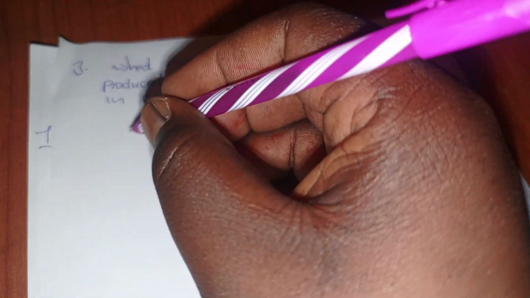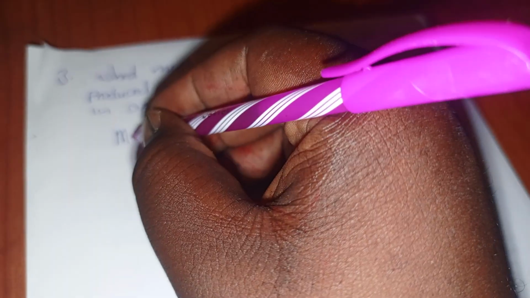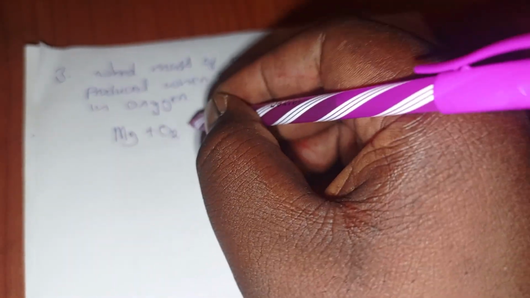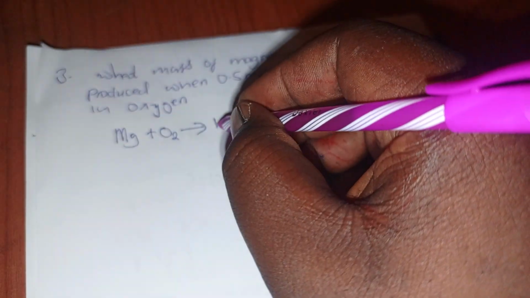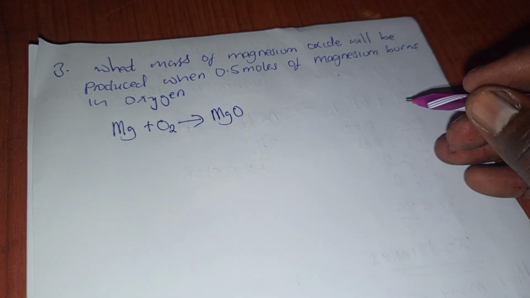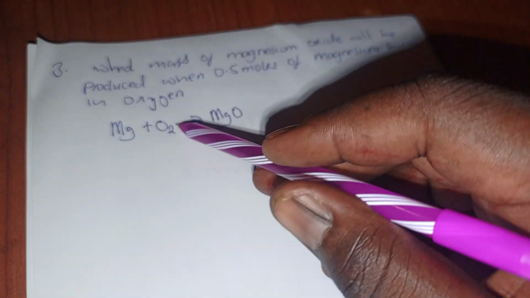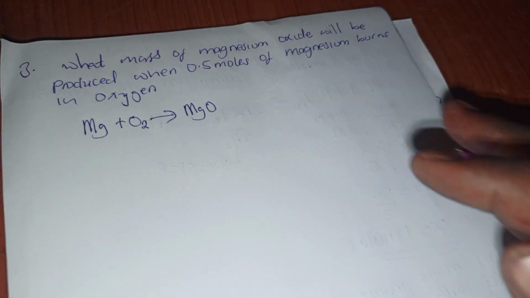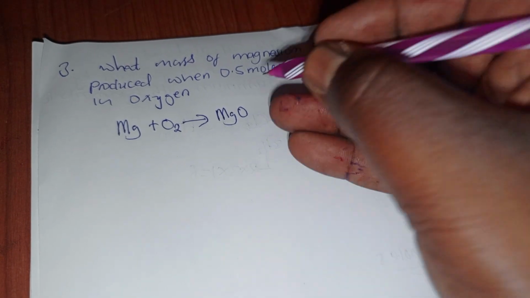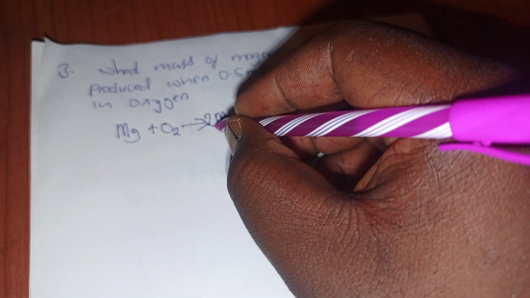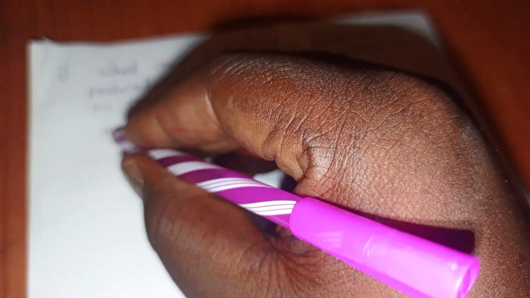The equation will be magnesium plus oxygen, and the product is magnesium oxide. So we need to make sure that the equation is balanced. Oxygen is O2, which means we're going to put a 2 here and also a 2 here, to balance the equation.